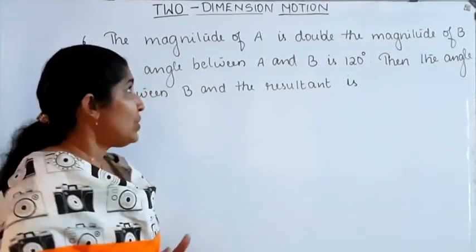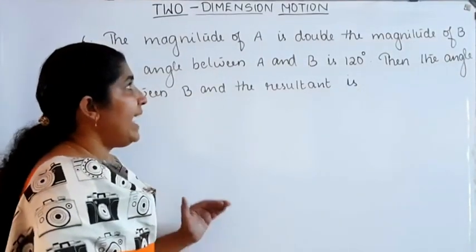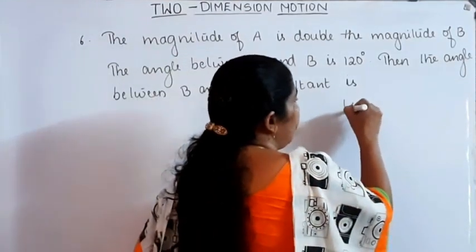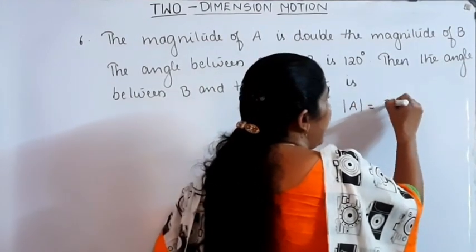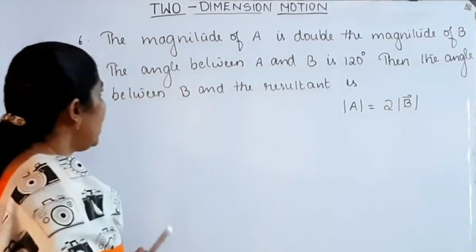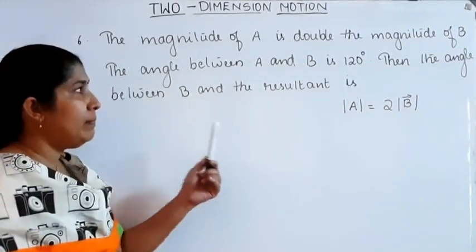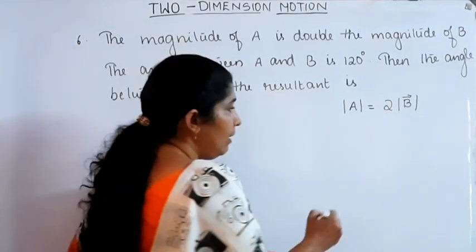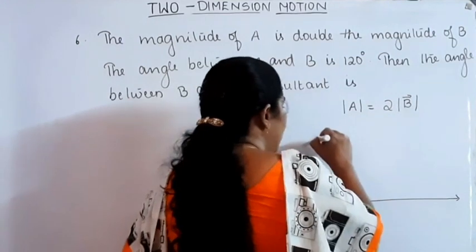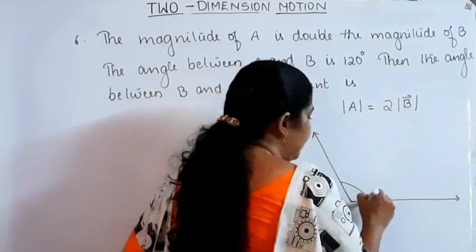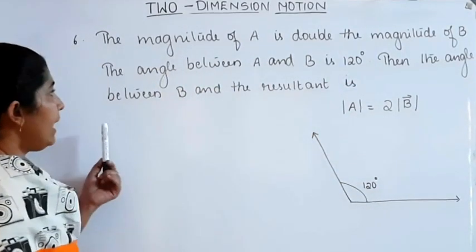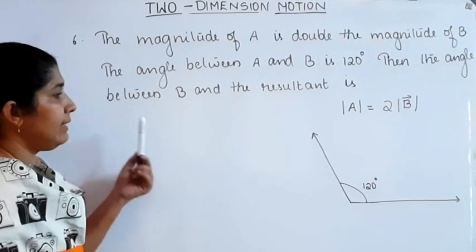Next question. The magnitude of vector A is double the magnitude of vector B. The angle between A and B is equal to 120 degrees. Find the angle between B and the resultant.